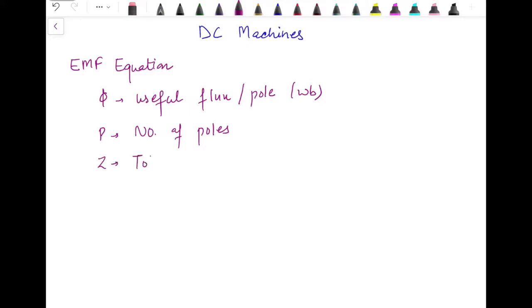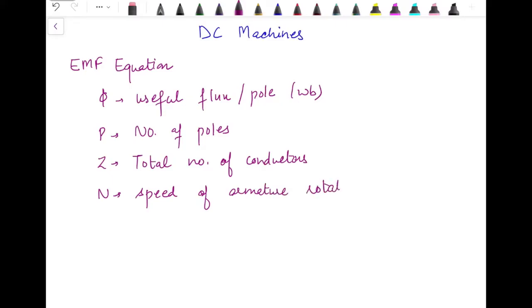Z is total number of conductors. N is speed of armature rotation in RPM, that is revolutions per minute. A is number of parallel paths.